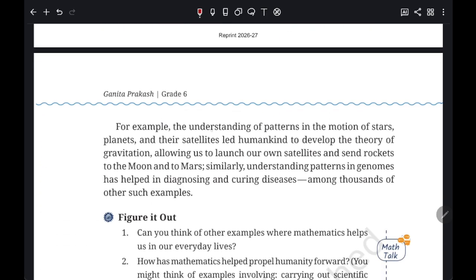For example, understanding patterns in the motion of stars. We see sun and planets move, revolve around. Around planets, moon are there. So they created satellites, which led humankind to develop the theory of gravitation, that all revolve around the sun.